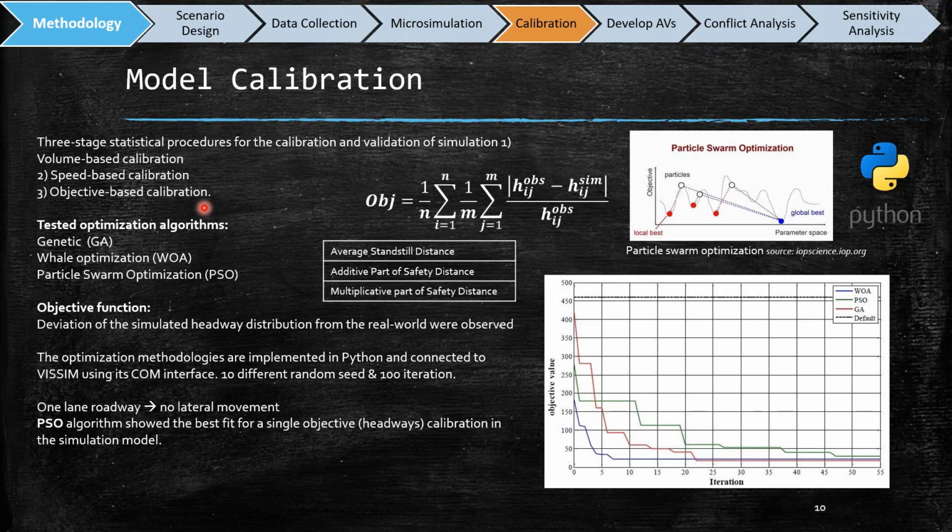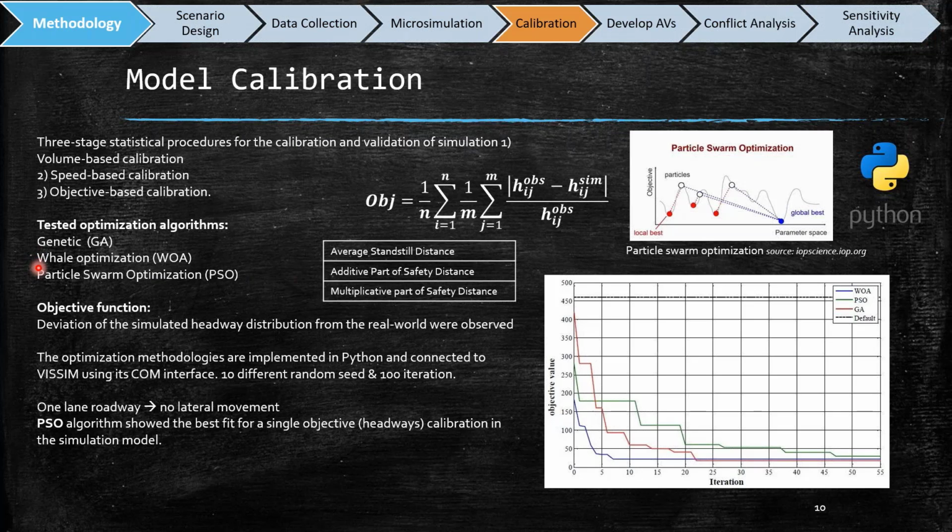When we create the objective function to minimize the difference between the observed vehicle headway and the simulated one, we need to run it for different seeds, and also investigate to make this objective function as close to 0 as possible. Actually, the error should tend to zero. We use different algorithms to optimize this objective function and evaluate it for calibration purposes.